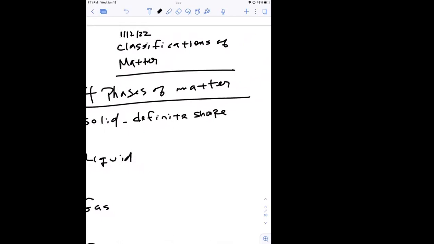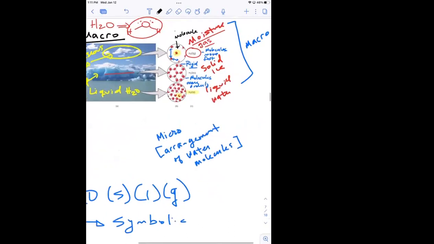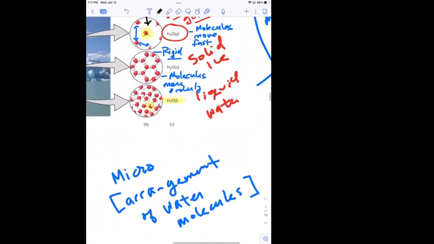What do we know about how the atoms or the molecules that make up a solid, what do we know about their arrangement based on what we looked at yesterday? And I'll even pull that picture back up just to kind of help you think about that. What do we know? It's the middle picture.